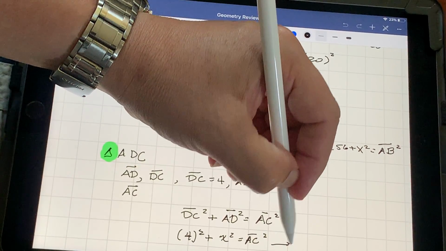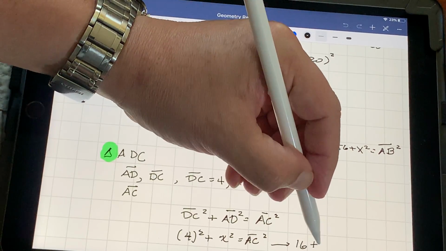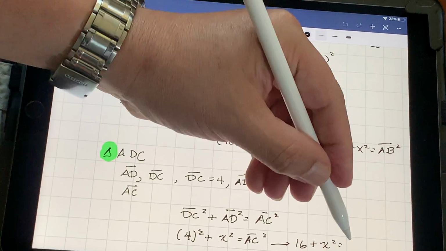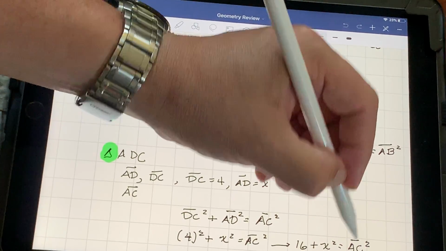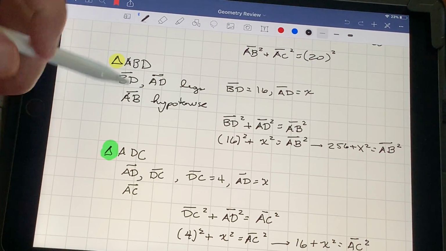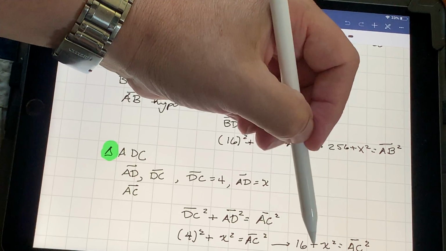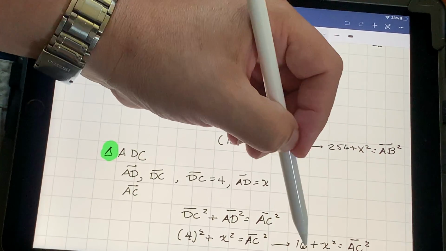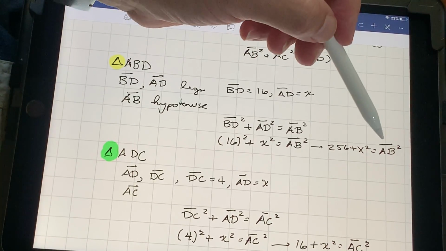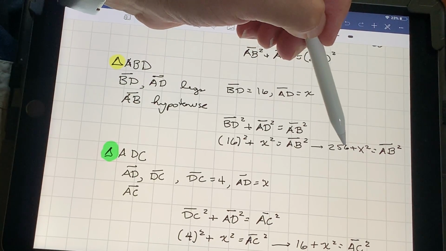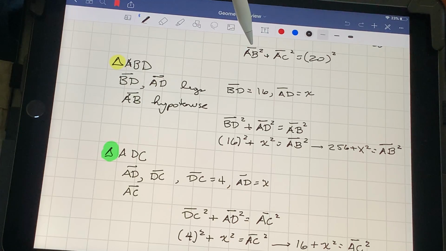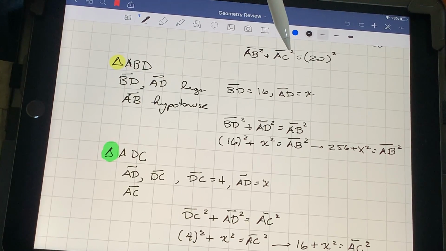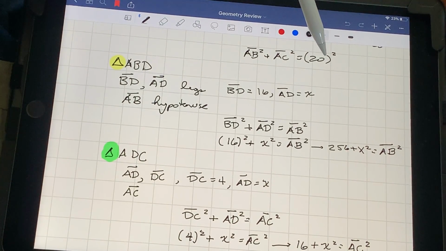So that means that my equation is 16 plus x squared equals AC squared. Now, I have the formula for AC squared equals 16 plus x squared, for AB squared equals 256 plus x squared, and then I have here AB squared plus AC squared equals 20 squared.